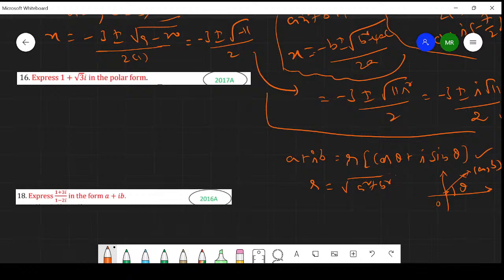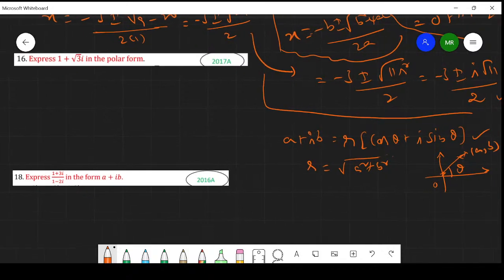Generally, this applies when the given complex number is in the first quadrant. So how do we find theta? To find theta, we always use tan theta, using a right angle triangle. This is a, this is b.